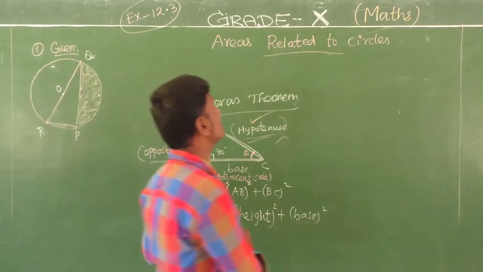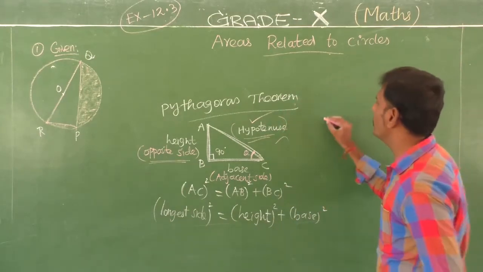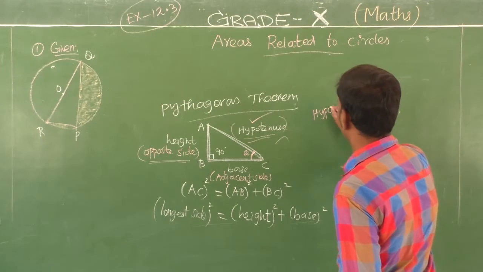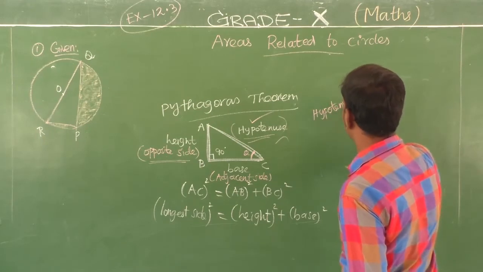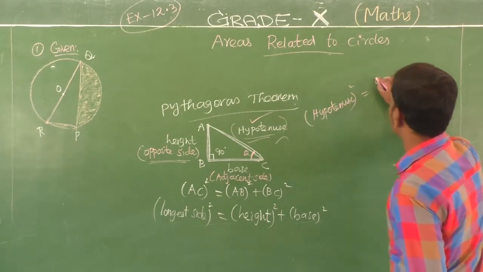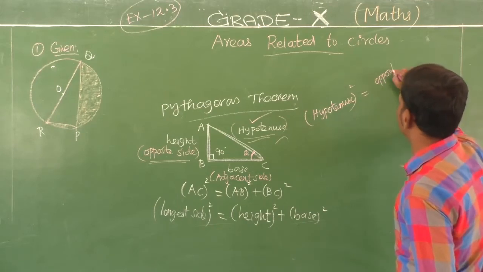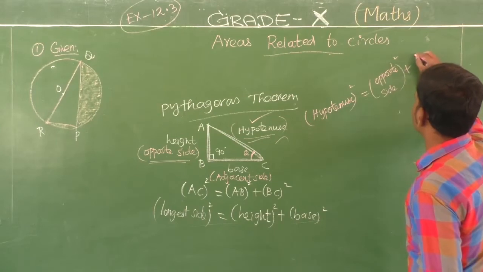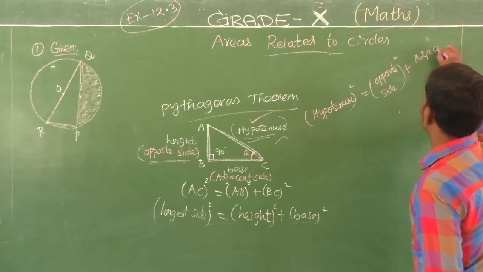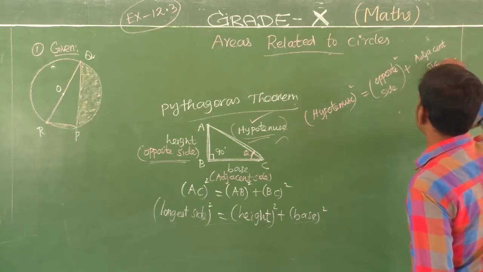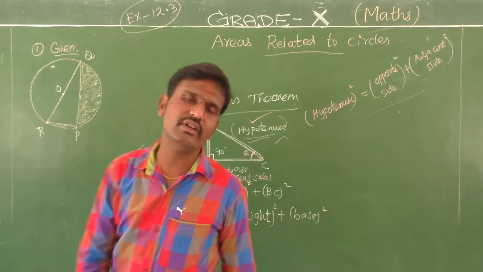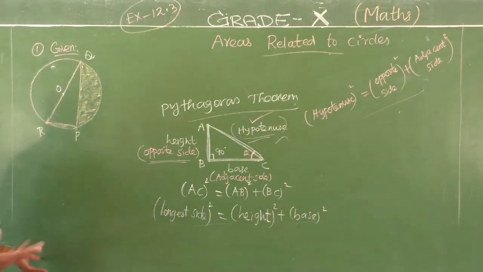So from this trigonometry I give you the formula: hypotenuse the whole square is equal to opposite side the whole square plus adjacent side the whole square. Using these trigonometric ratios, we will see in the upcoming classes.